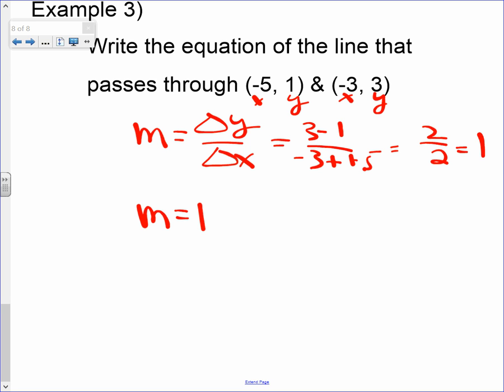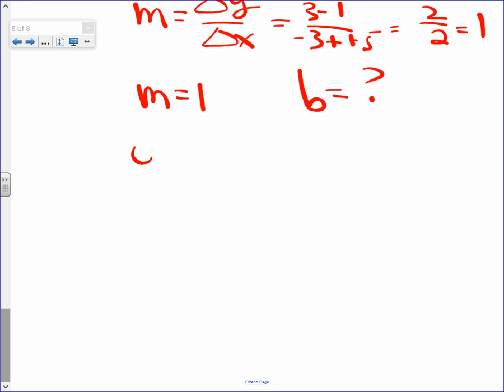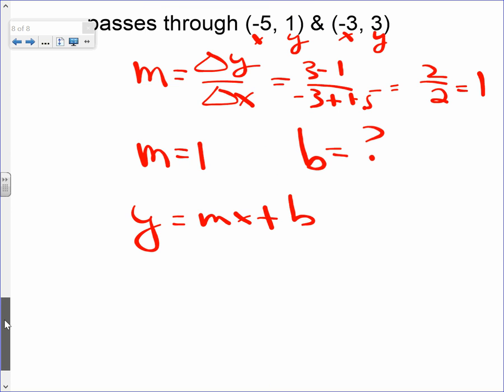Let's keep going. So slope is 1. All right, let's find our b now. What the heck is our b? We have no clue what our b is. Unless we graphed it, but we don't have any graph paper, so we don't need graph paper. We know algebra now. So let me write y equals mx plus b, and let me start plugging and chugging. What should I replace m with?